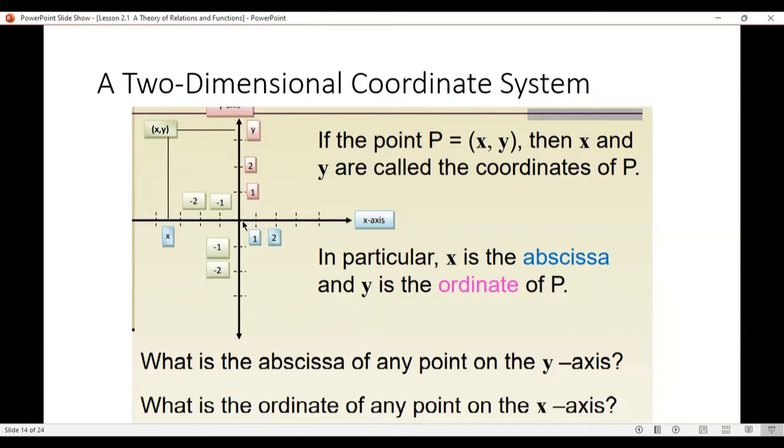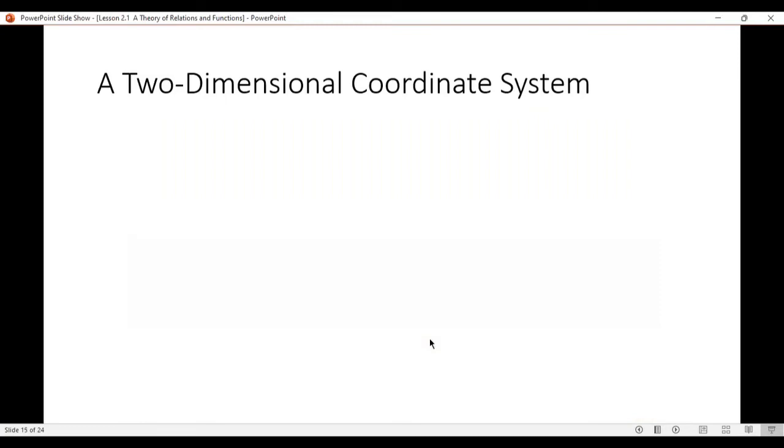And going to left horizontally, andun naman ang mga negative numbers. And yung mga nasa y-axis naman, from the origin going up vertically ay positive numbers and going down vertically ay mga negative numbers.